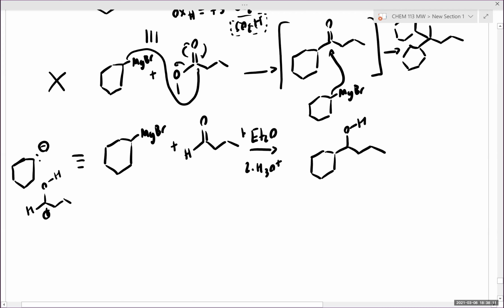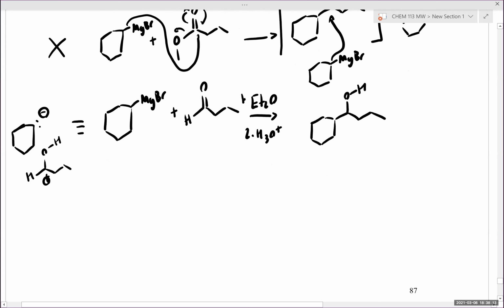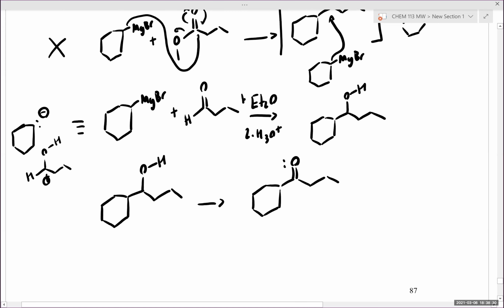However, and this is really important to think about, if our goal is to make a ketone, how do we take this alcohol and complete our functional group interconversion? How do we make a ketone from an alcohol?